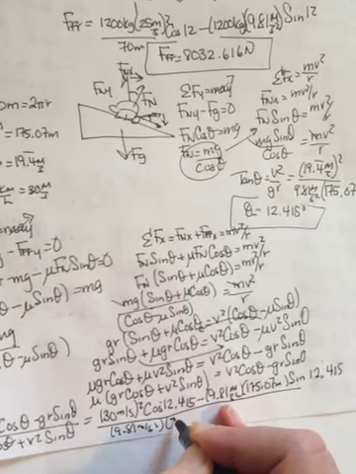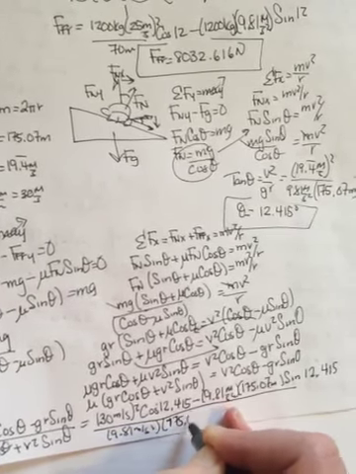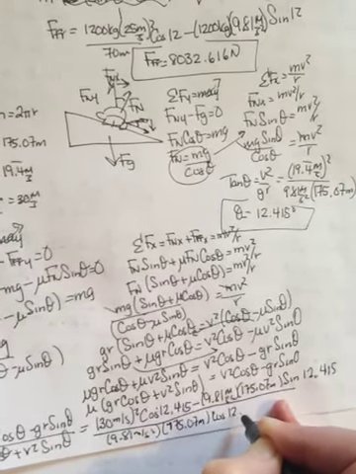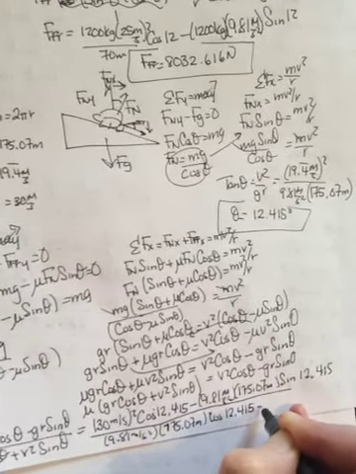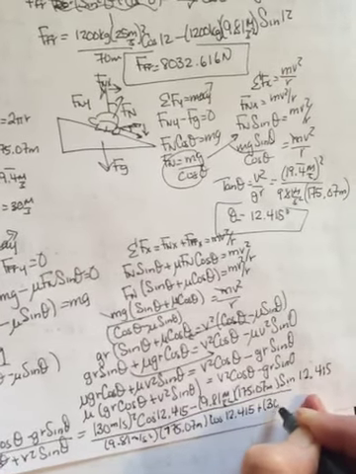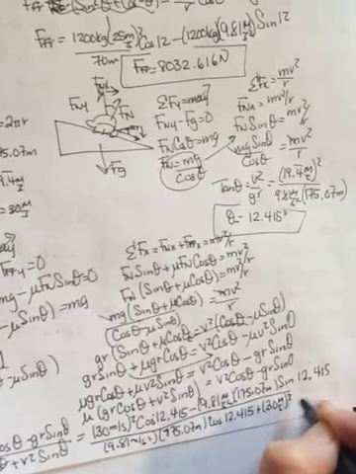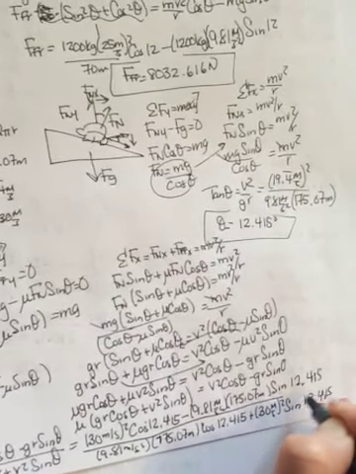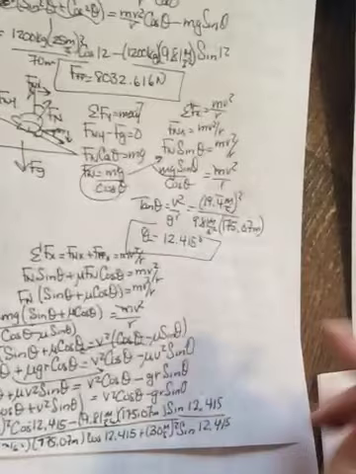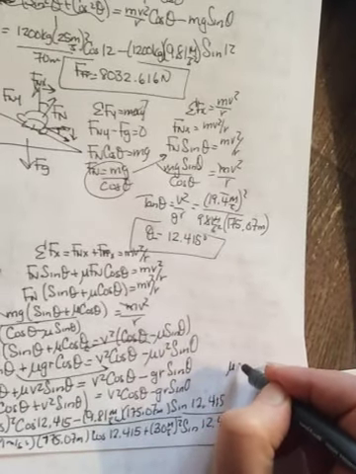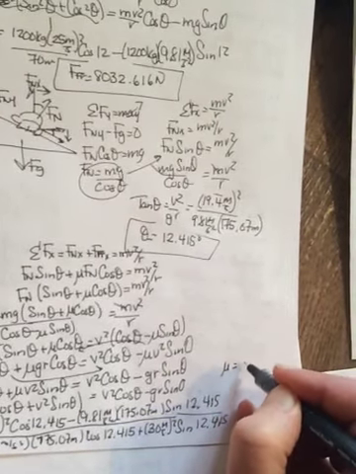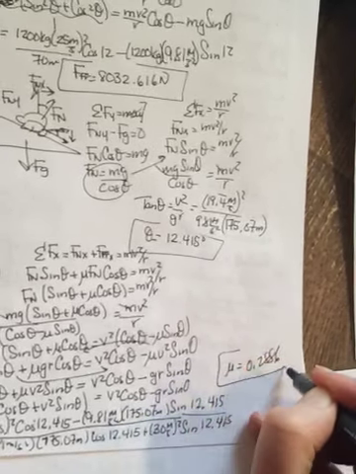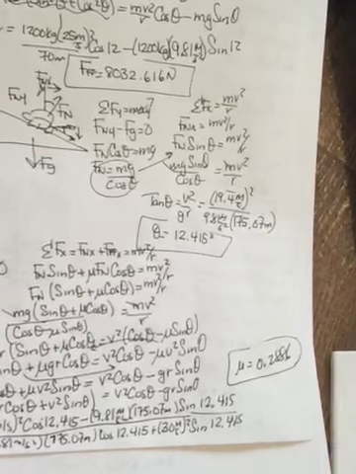What was the radius? 175.05, cos of 12.415, plus 30 meters per second squared, sine of 12.415. And if you can punch this into your calculator correctly, you should get a coefficient of 0.2886. All right, that was number 12.